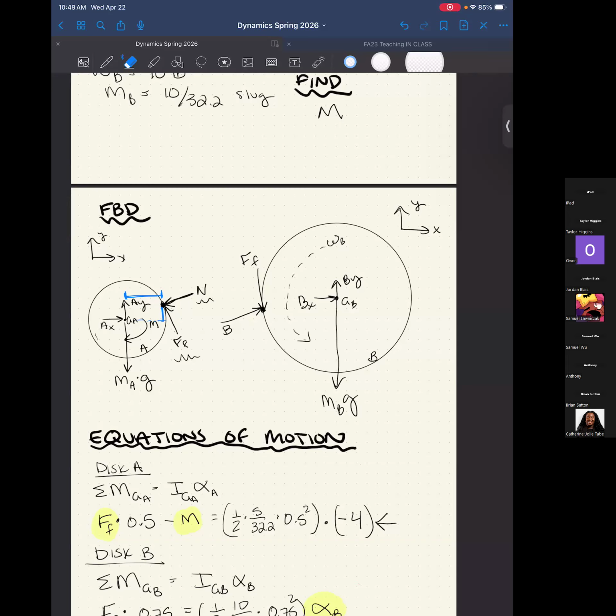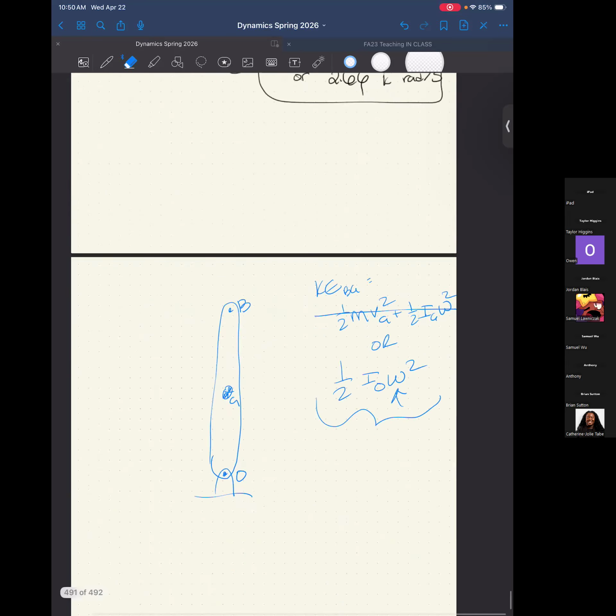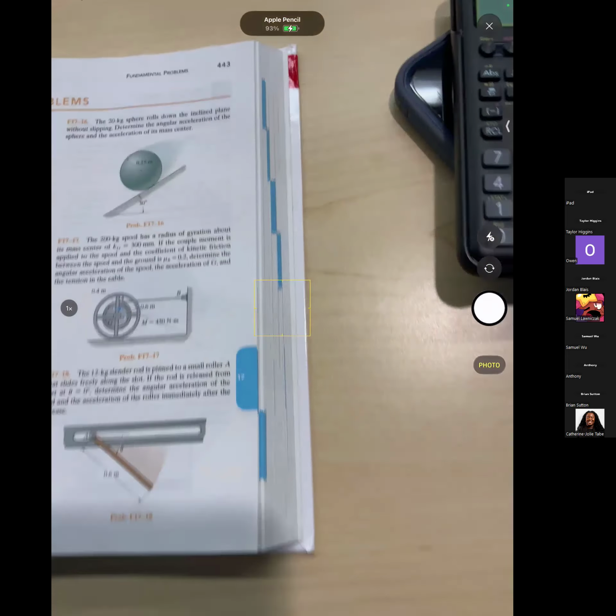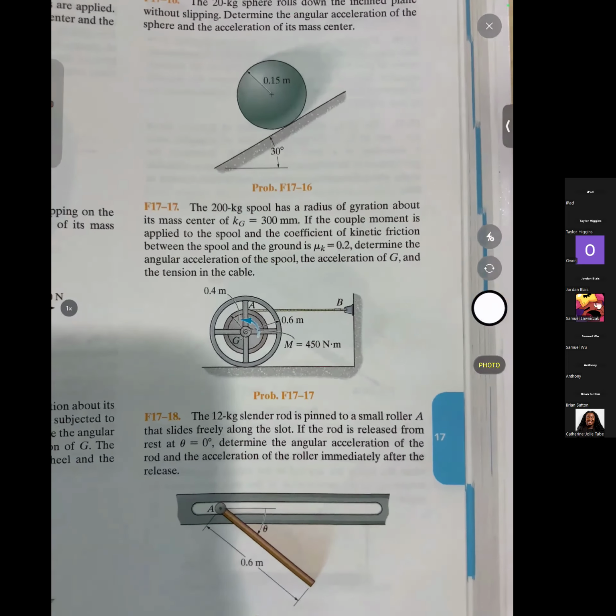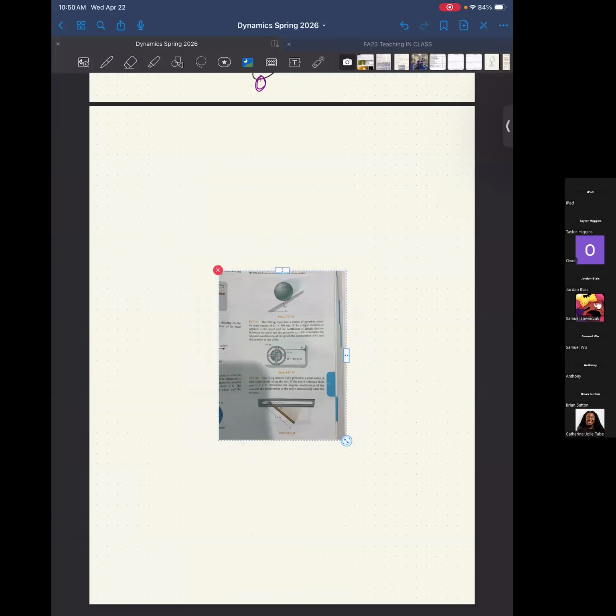When I was going through it for the moments, I had gotten my moments about the center of mass, I G alpha.